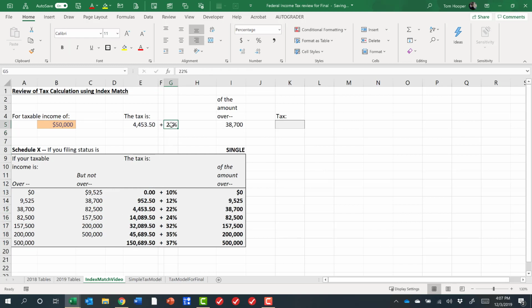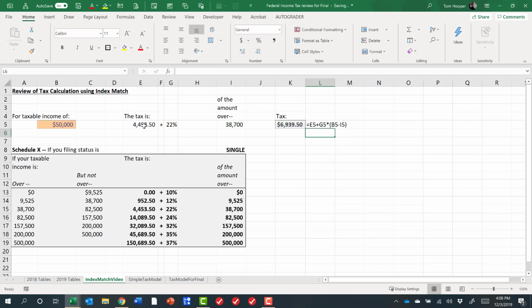And so I'll come back in a moment and use index match for these other 2. But then to calculate the tax, I could say that my tax is 4453 plus this percentage times the amount of taxable income over this amount. If you're not super comfortable with that formula, please hit pause and review that.